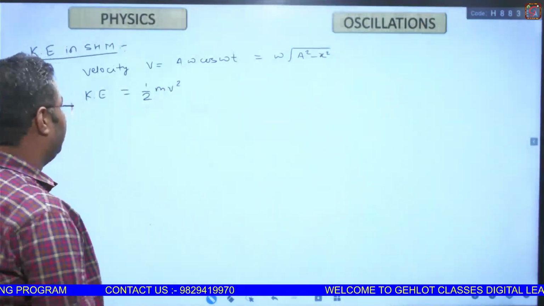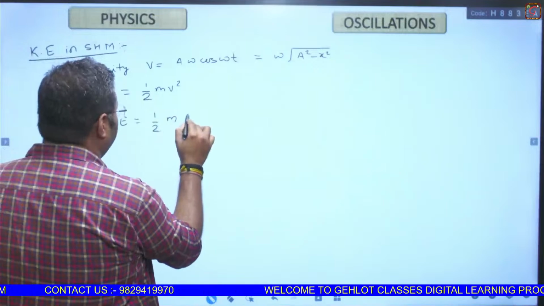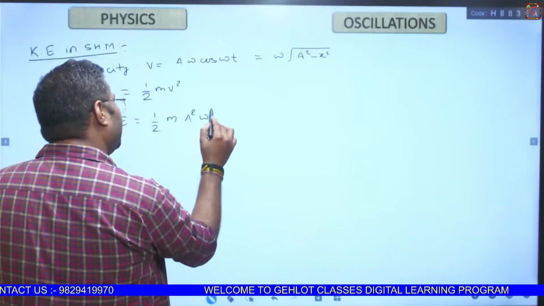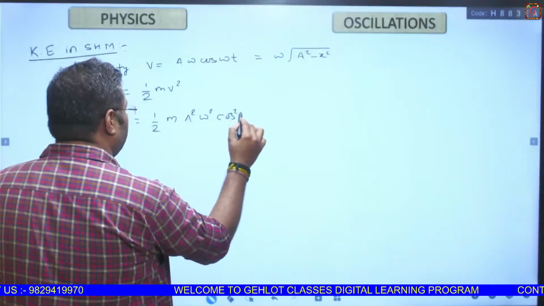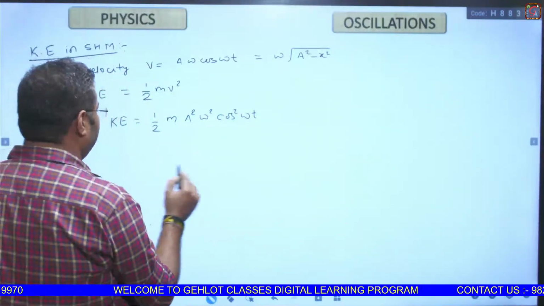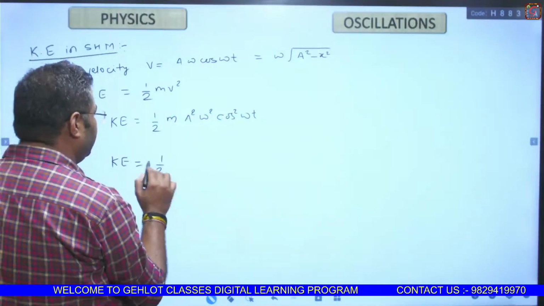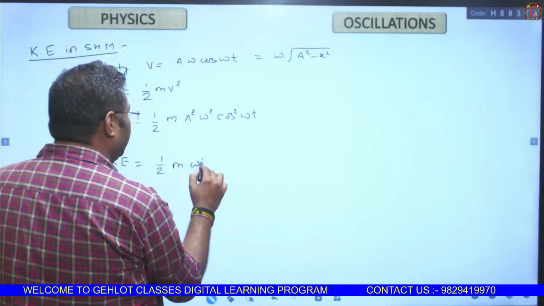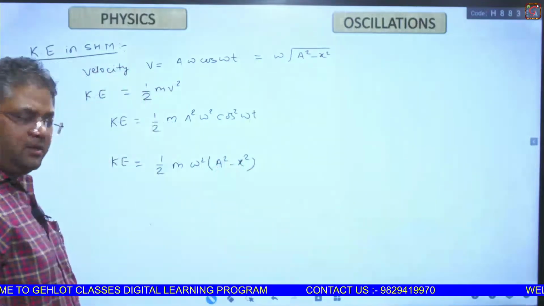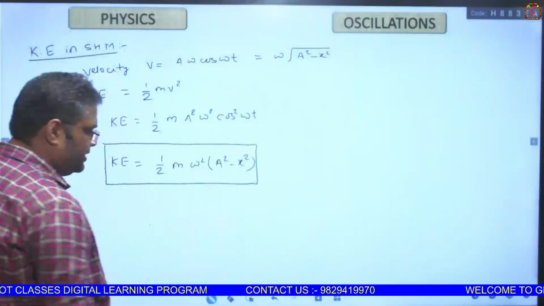Substituting the value of v, kinetic energy becomes 1 by 2 m a square omega square cos square omega t, which can also be written in terms of x. So kinetic energy becomes 1 by 2 m omega square (a square minus x square). So this can be the equation of kinetic energy.